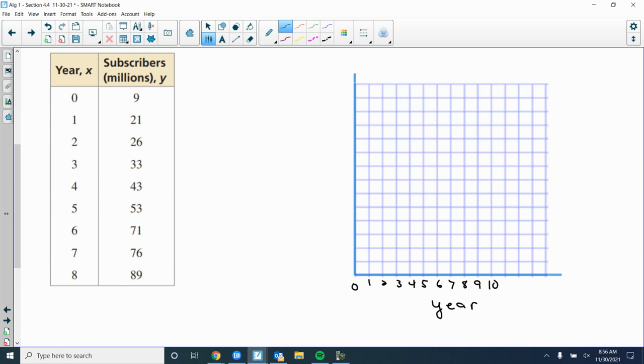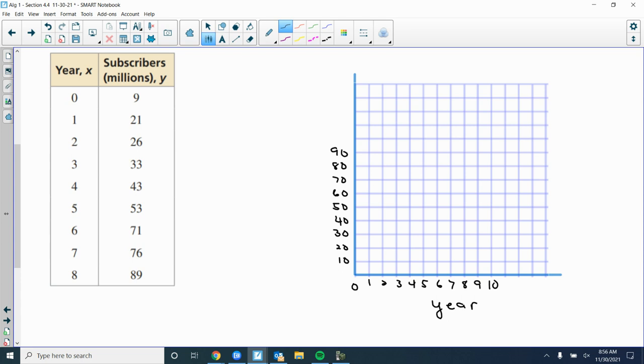So if I make that 10, I got to go up 20, 30, 40, 50, 60, 70, 80, 90. So going up by 10, is that going to work? Yeah. Let's do that. So make my first line 10, next line 20, 30, 40, 50, 60, 70, 80, 90.